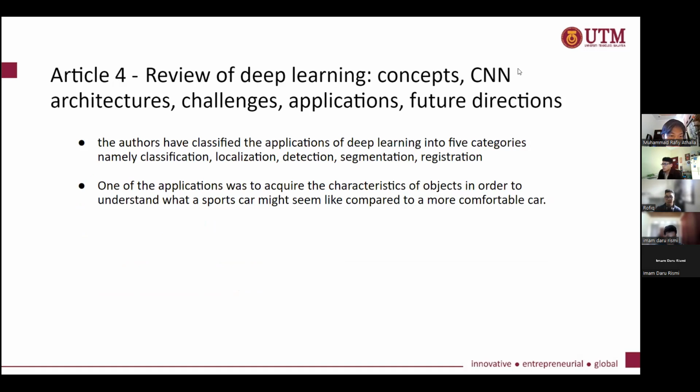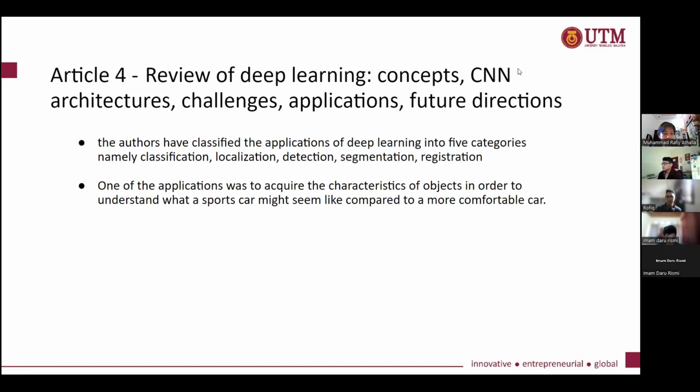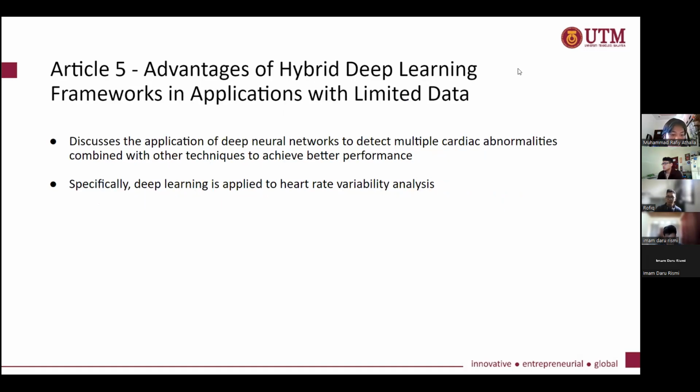One of the applications that they showed and explained in the paper was to acquire the characteristics of objects in order to understand what a sports car might look like compared to a more comfortable car. The other examples they gave in the paper were basically the same as the previous papers, mainly in the medical field.